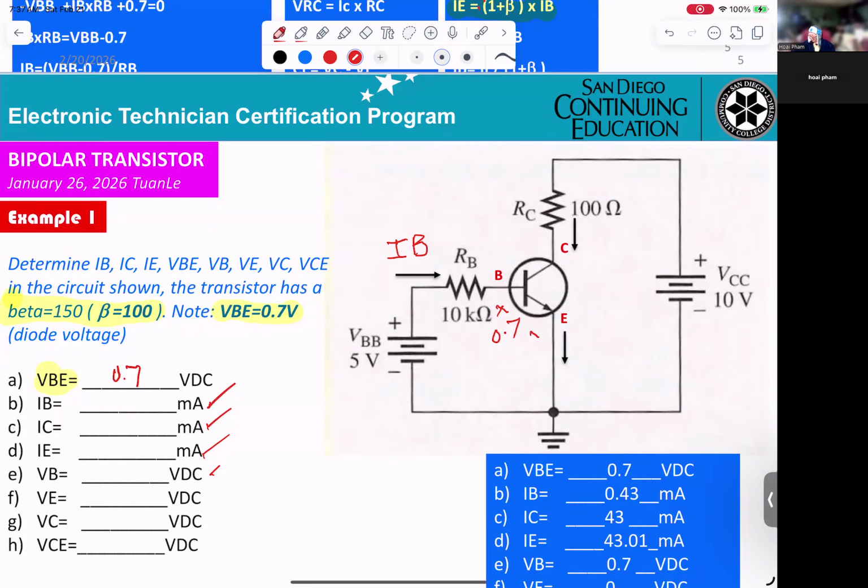E is connected to the ground. VC right here. Okay. VC. Let's see.